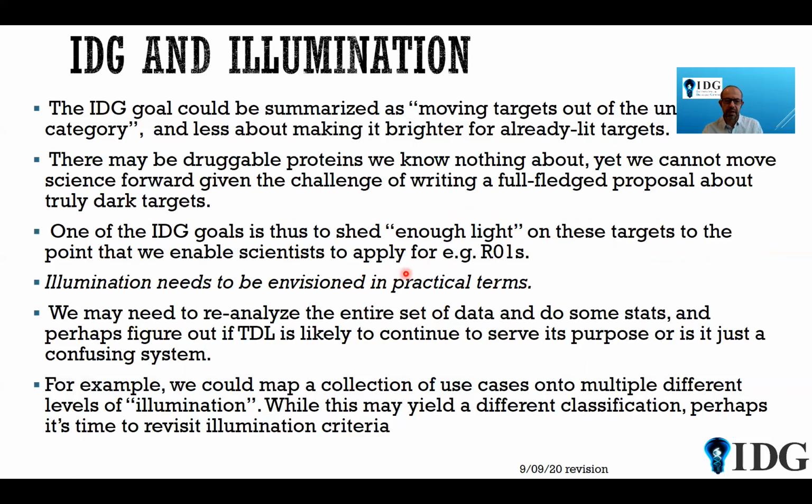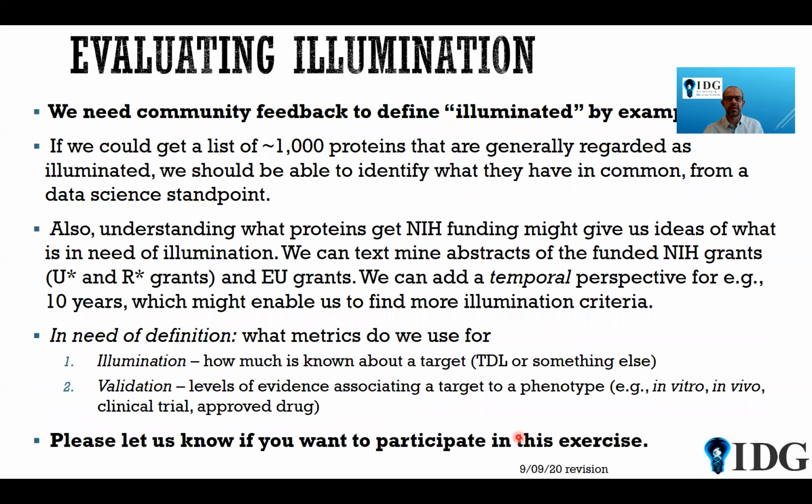We may have to reanalyze the entire set of data and redo some of the statistics and perhaps try to figure out whether this target development level, meaning T-clean to T-dark, is enough to understand these proteins. We may have to map a collection of use cases and try to examine different ways to classify knowledge and perhaps revisit illumination criteria. So in that sense, we really need community feedback to define illumination by example.